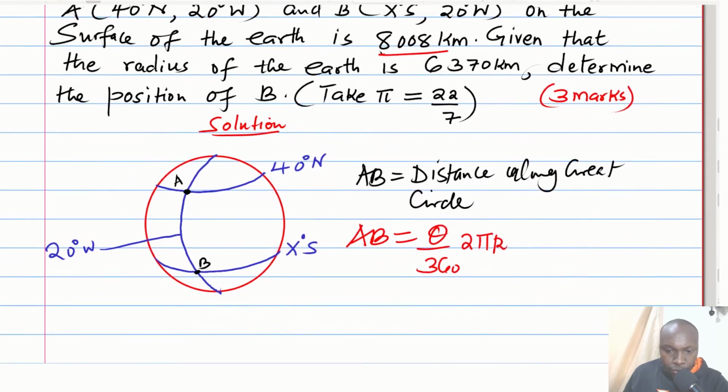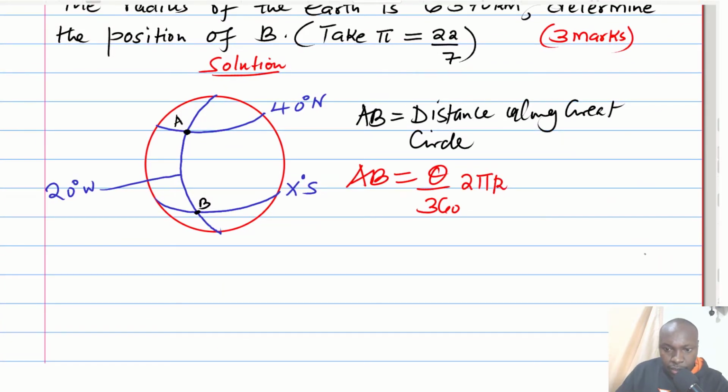Now the next thing we're going to do is just to substitute the figures that we have. So we have the distance AB, which is 8008, equals the latitude difference. For the latitude difference we shall add, since they are lying on opposite sides: the latitude of A is 40 degrees to the north, and for B, since we don't know the latitude, we shall add it as theta.